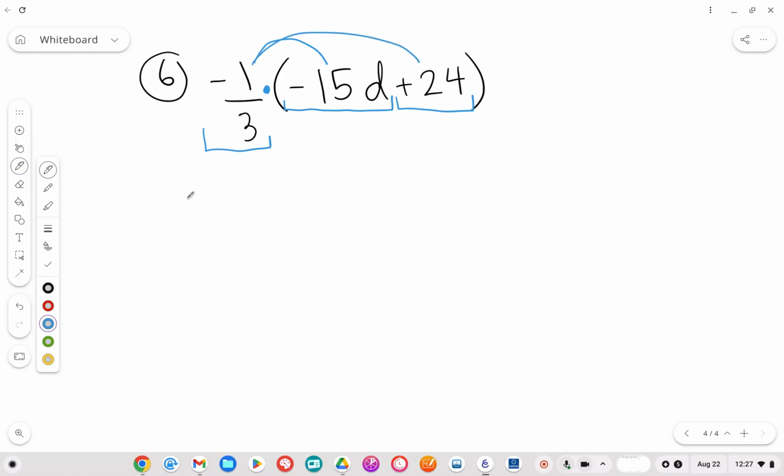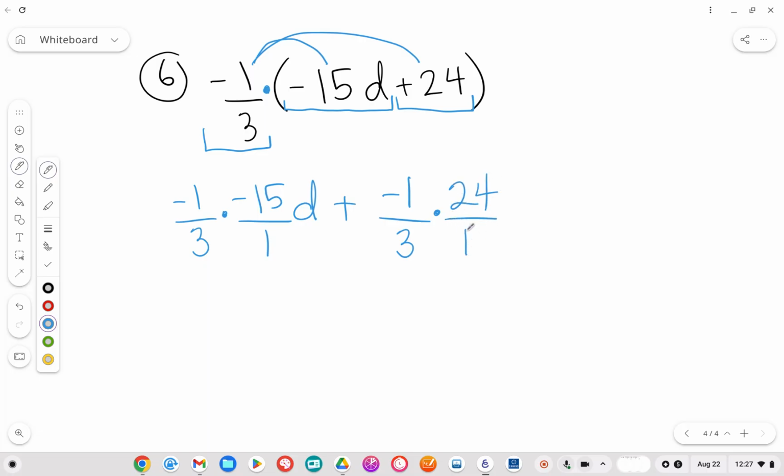So I'm going to come down here, and I'm going to say negative 1/3 times, I'm going to use the coefficient of this term, the number piece, negative 15, and I'm going to put it over 1 so I can do easy fraction math. I'm going to keep my variable, and then I'm going to say plus negative 1/3 times 24, and I'm going to put that over 1, again, so I can do easy fraction math, okay?